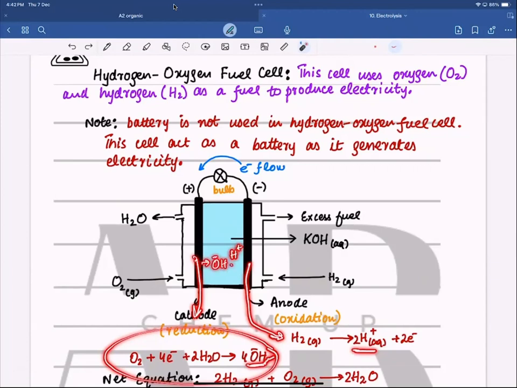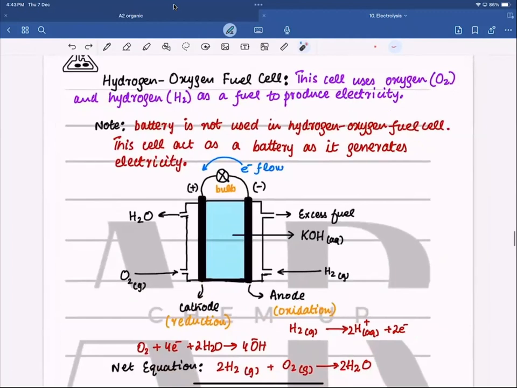When these two react, what will form? H2O. Yes, our net product is water. That is one advantage of this fuel cell: it does not produce any pollutant, only water is formed as waste.